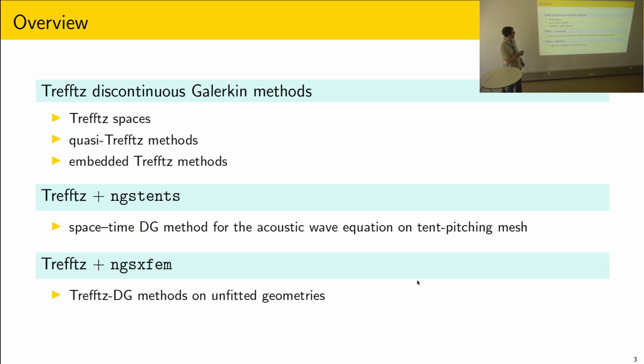Then two extensions that I want to discuss: quasi-Trefftz methods and embedded Trefftz methods. And then the Trefftz package has some nice interfaces with other NGSolve add-ons, namely NGSPice, which Jay will present directly after me, and NGSXFEM, the XFEM methods from Christoph that he will present tomorrow.